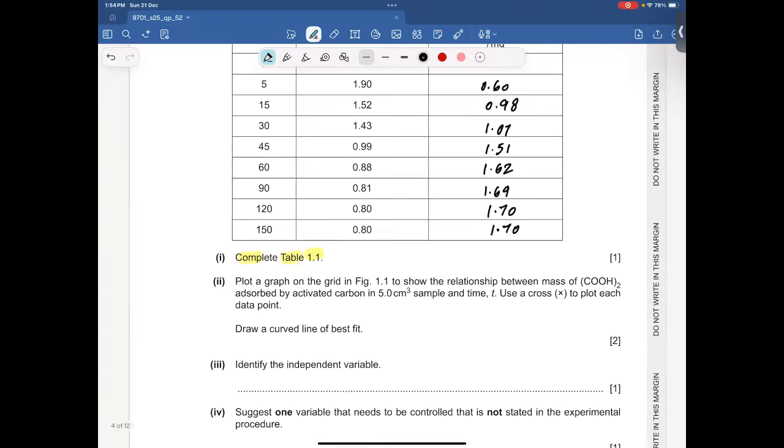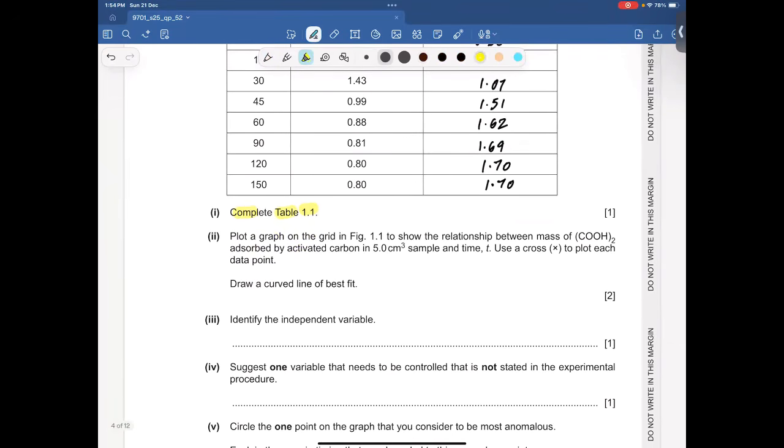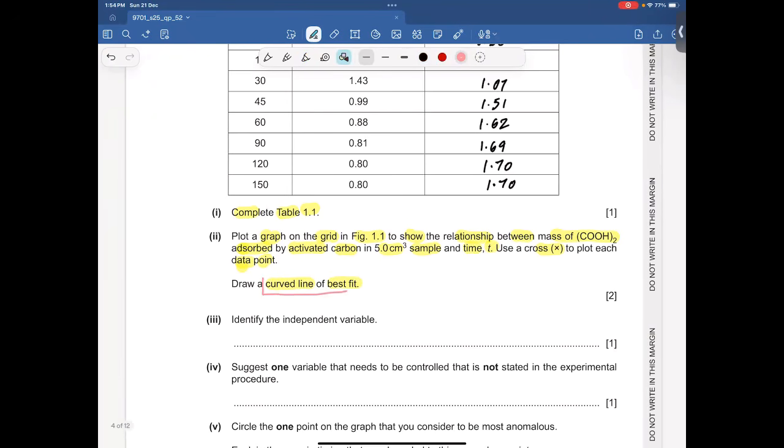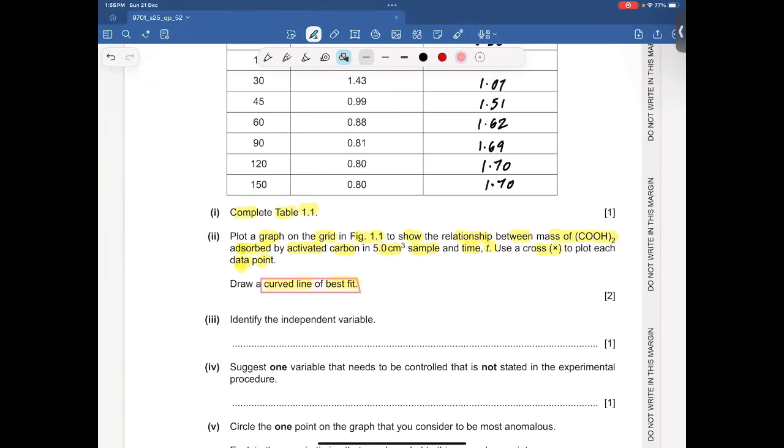Plot a graph on the grid in figure 1.1 to show the relationship between mass of ethane dioic acid adsorbed by activated carbon in 5 cm cube sample and time t. Use a cross x to plot each data point. Draw a curve line of best fit. That's the important task.